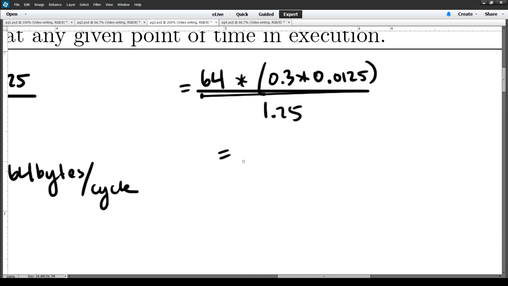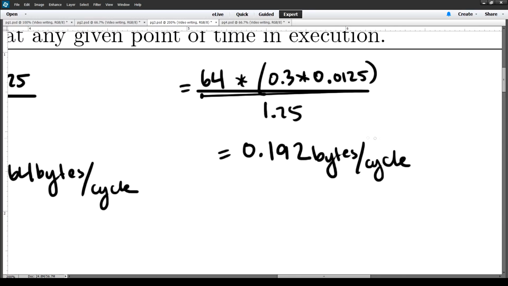And this ends up coming out to 0.192 bytes per cycle. So you can actually see that the write bandwidth went down between the write through cache and the write back cache, and hopefully this makes sense as to why. So that's your answer for problem 2b.